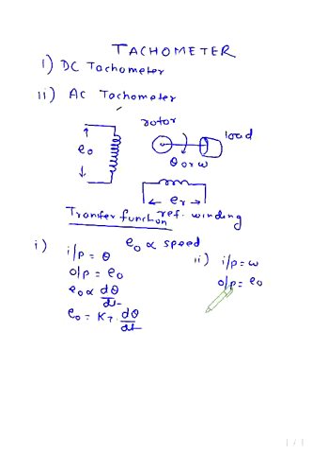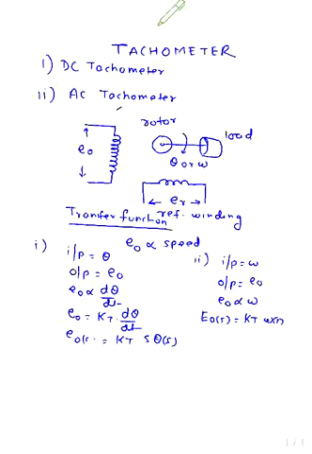Similarly, E0 is proportional to omega, or we can write E0(s) equal to Kt omega(s) in Laplace form. In Laplace form, we can also write E0(s) is equal to Kt into s theta(s). The Laplace of d theta by dt gives E0(s) equal to Kt s theta(s).